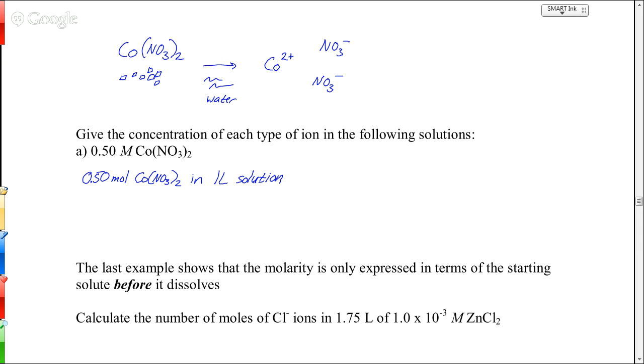Half a mole, right? So this half a mole of cobalt nitrate contains half a mole of cobalt ions, cobalt 2, and how many moles of nitrate ions? 1 mole, because there's twice as many nitrate ions as there are cobalt ions.